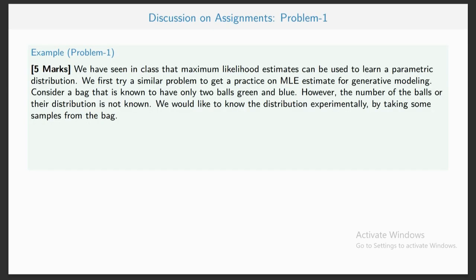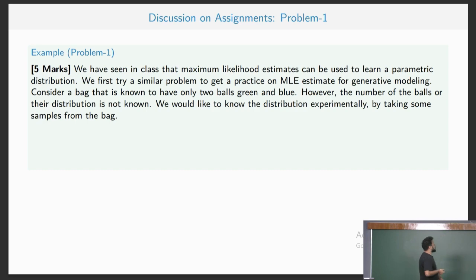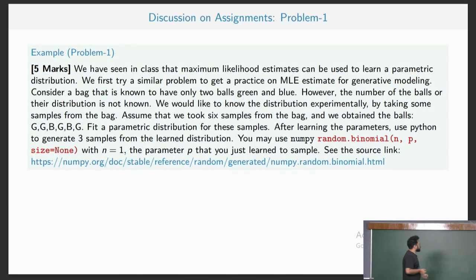The first problem in the assignment was very similar to what we did in class. It's an MLE estimate. A similar problem: a bag with two balls, green and blue, and you took 6 samples from the bag, and you have this output.